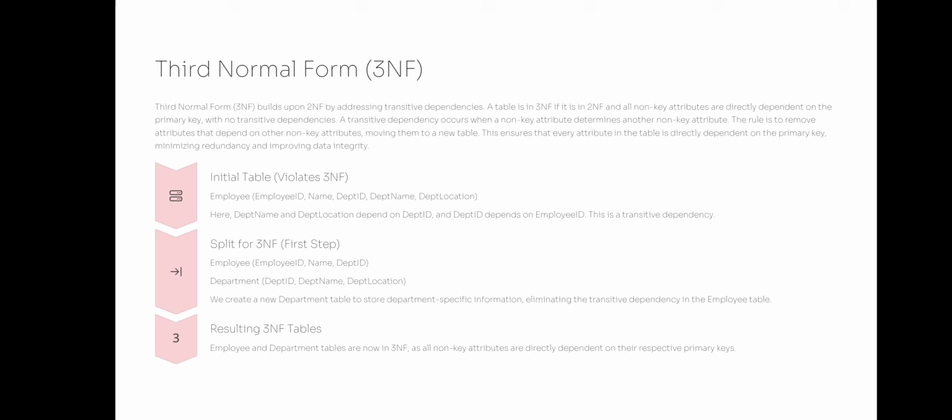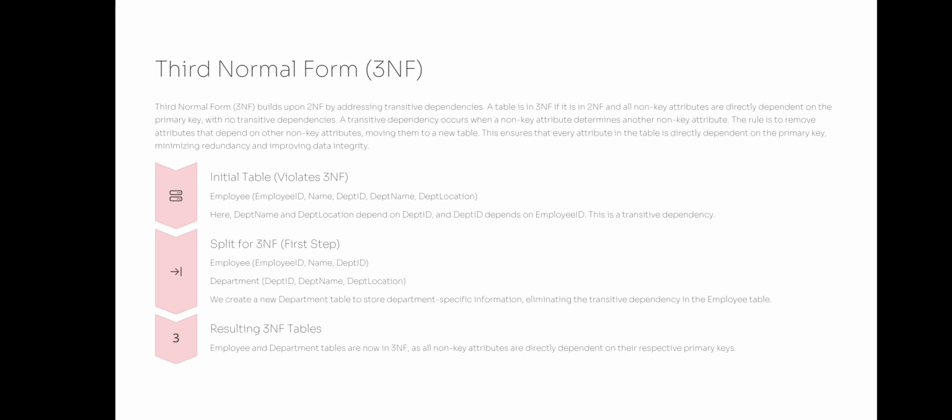Third normal form, or 3NF, eliminates transitive dependencies, ensuring all non-key attributes depend directly on the primary key. The third normal form builds upon 2NF by addressing transitive dependency. A table is in 3NF if it is in 2NF and all non-key attributes are directly dependent on the primary key, with no transitive dependencies.